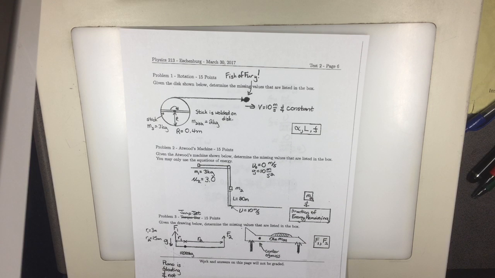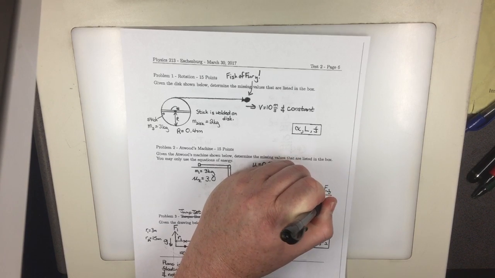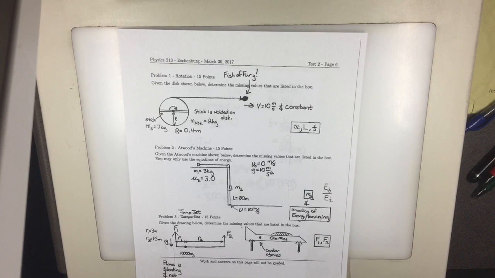I want to know that mass, and if the final velocity is 10 meters per second, what is the fraction of energy remaining? Fraction of energy remaining is E final over E initial. So I'm looking for this and that. And so that is problem 2.